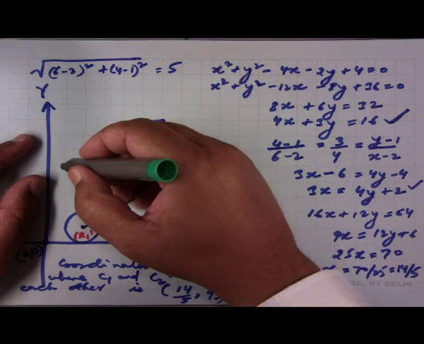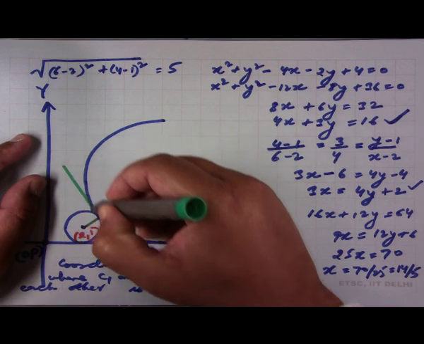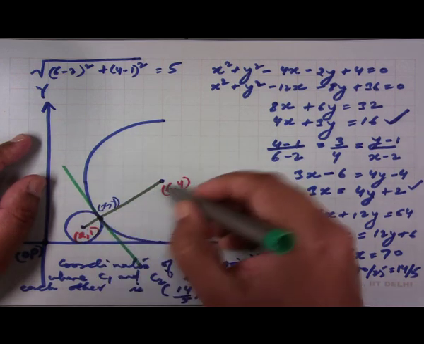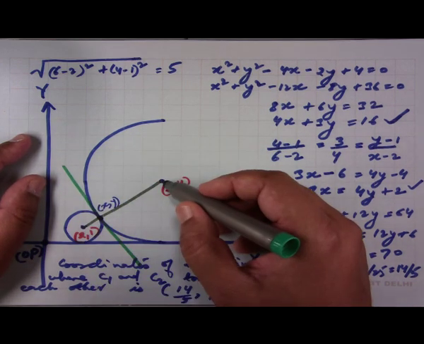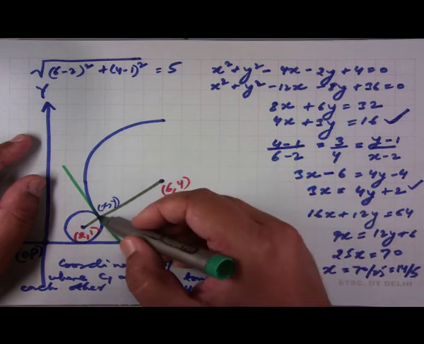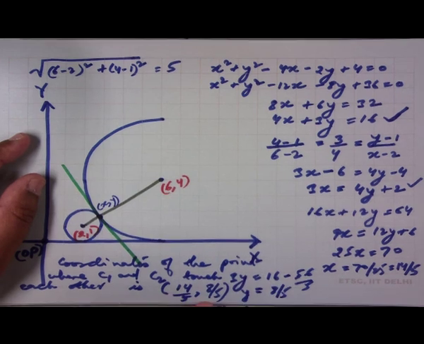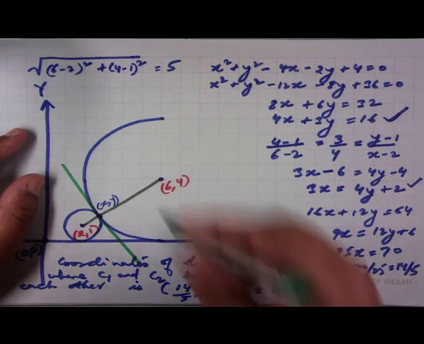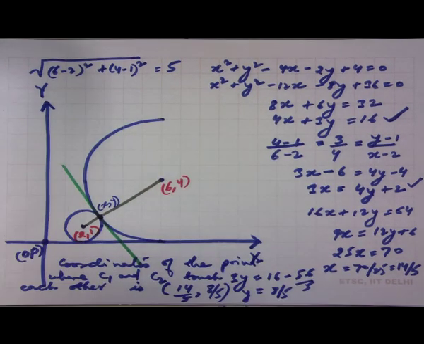So, it will be something like this. It will be perpendicular to this straight line drawn in black, and it will also pass through this point of contact, whose coordinates we have just found out.